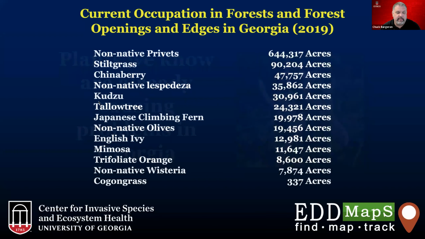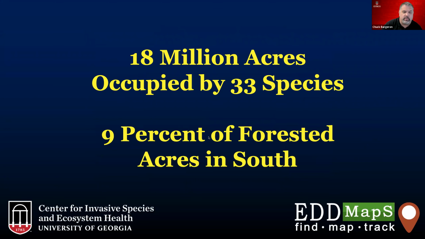So looking at some of the species, specifically in Georgia, that are problematic, the Georgia Forestry Commission puts this together every 2 years with some of the top species: privet, stiltgrass, chinaberry, kudzu, tallow tree, climbing fern, English ivy, which is still very much an ornamental species that's planted a lot, and then Cogongrass as well.